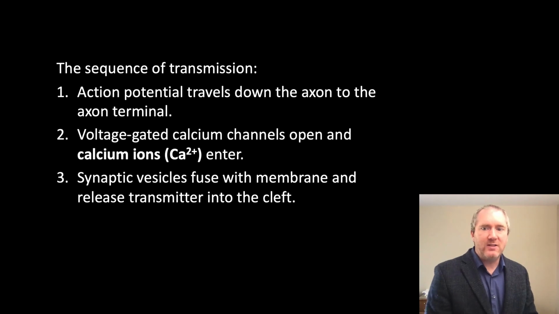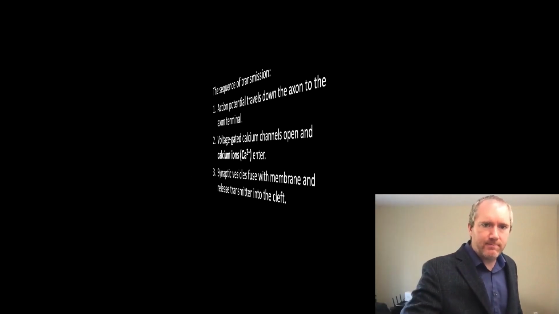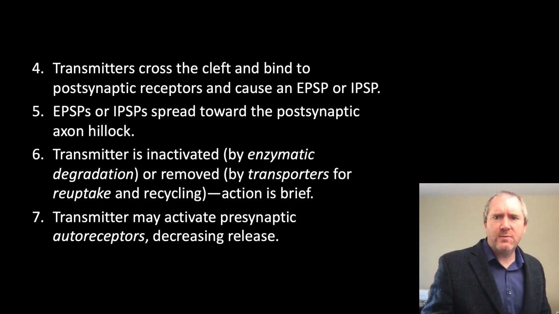The synaptic vesicles will then fuse with the membrane and release the transmitter out into the synaptic cleft. Then the transmitters cross the cleft and bind to the postsynaptic receptors to cause either an EPSP or an IPSP.